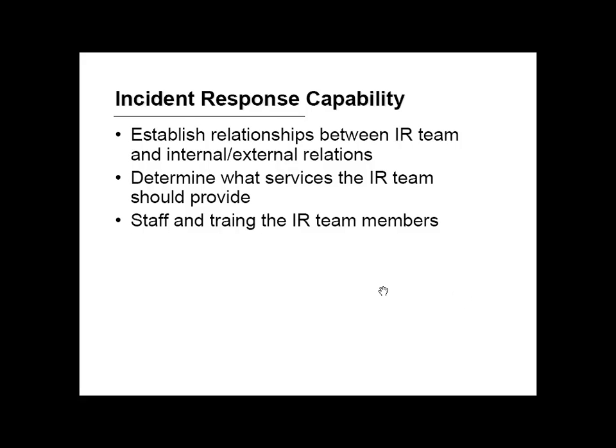You also want to establish relationships between the incident response team and internal and external relations. If you think about a major bank, you would probably want to have an established relationship with somebody in public relations, because it may be necessary to come out and provide the public with information should that be required.